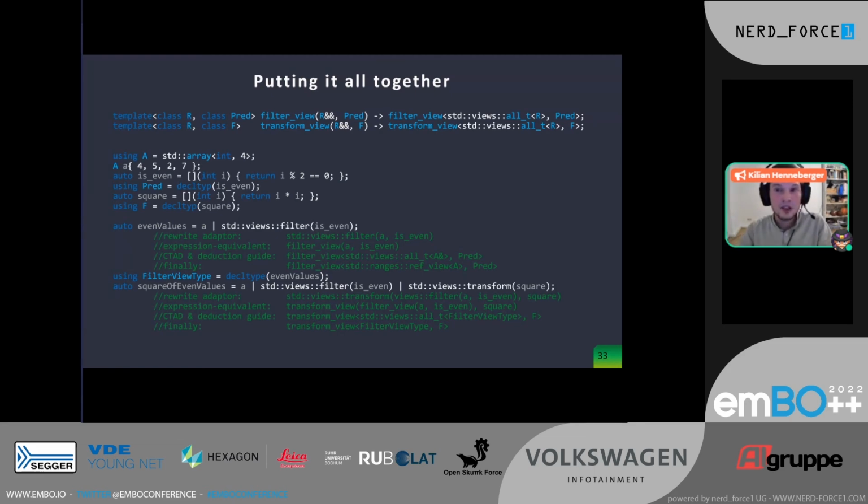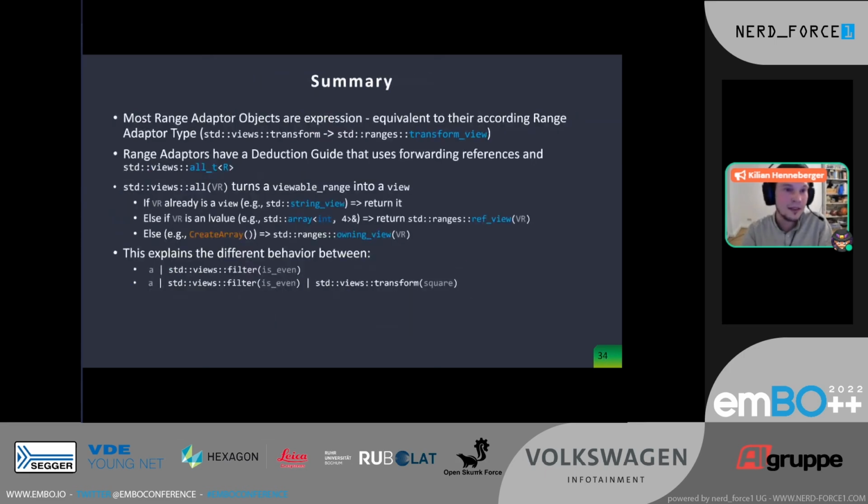So to summarize this, most range adapter objects are expression equivalent to the range adapter type. And the range adapter type has a deduction guide which uses forwarding references and std views all t to get the final view type that it's going to store.